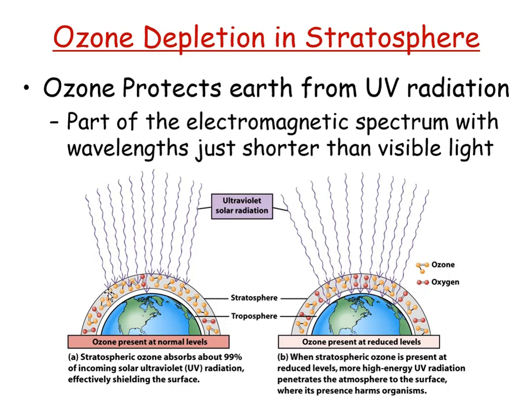It does not allow UV radiation of that wavelength to enter the biosphere, because it is harmful for us. Once this radiation reaches human beings, it will damage the skin, it will cause skin cancer and various other health problems. So the ozone is protecting us. If this ozone is damaged, then this radiation will reach the surface of the earth and the people.